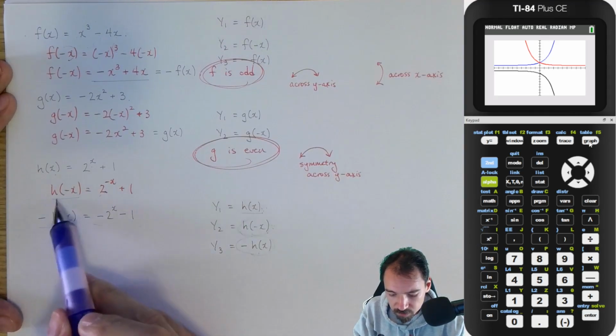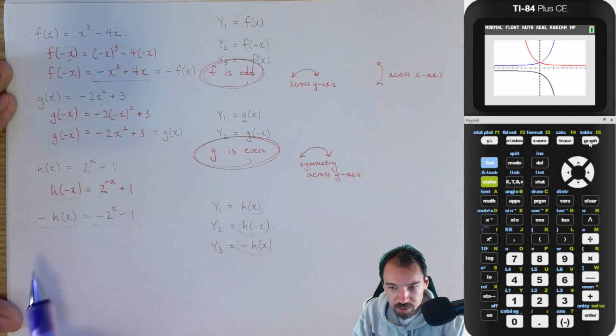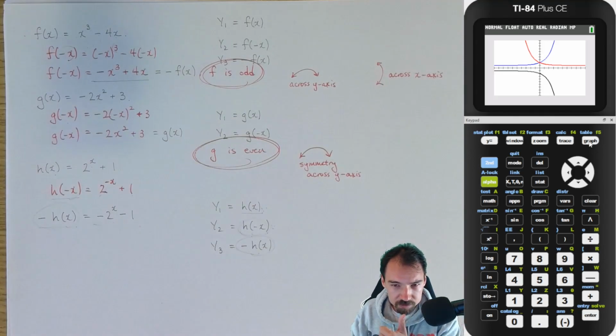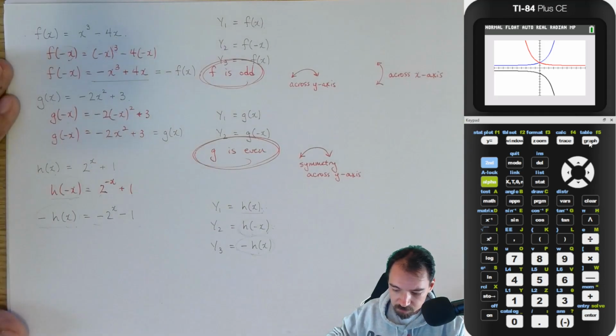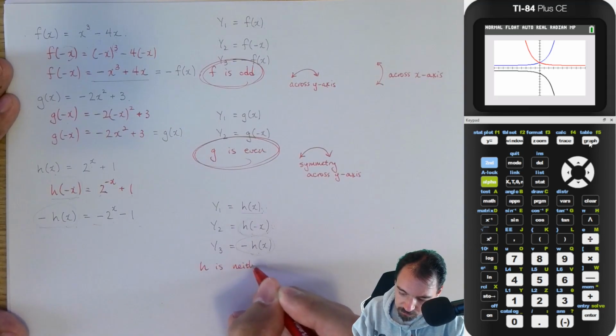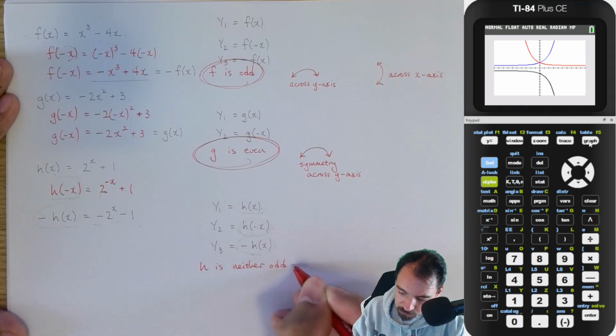Okay, so if this and this are not the same, that means h is not odd. Okay, internalize that for a moment. So h is not even, and it's not odd, so we would say h is neither odd nor even.